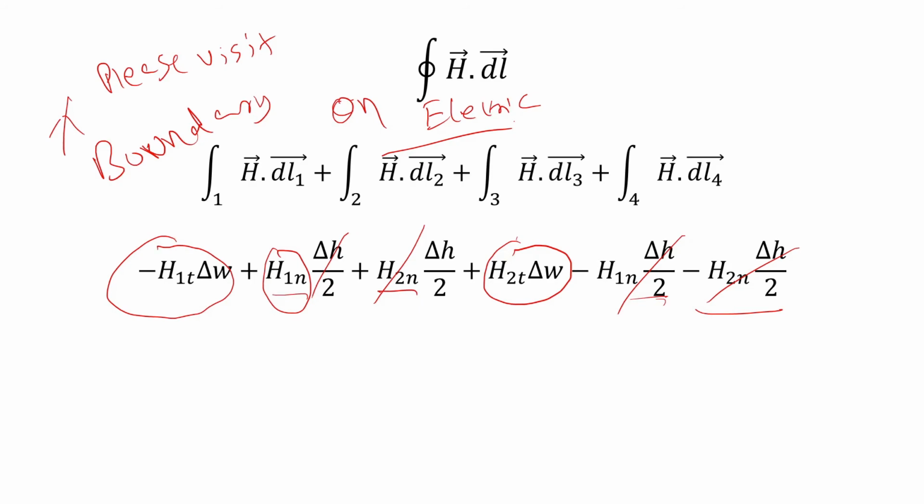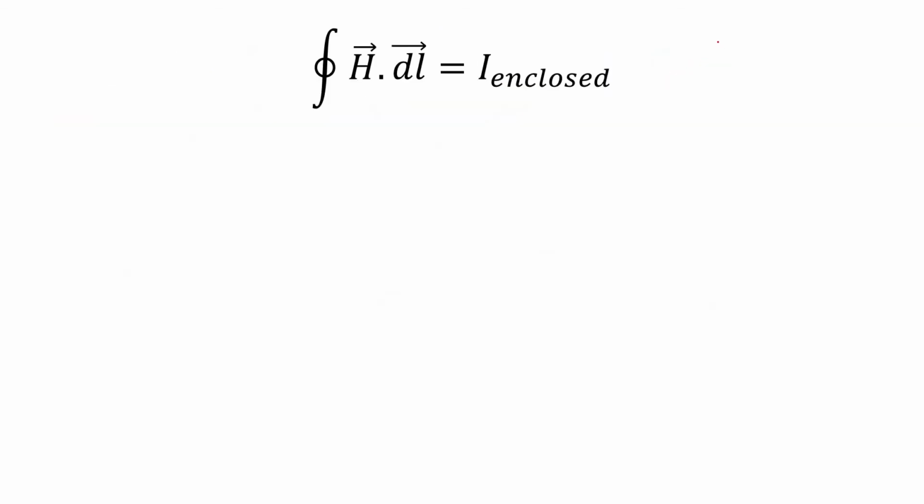So the final expression would be H2t times delta W minus H1t times delta W. That is the left hand side of Ampere's circuital law. The right hand side says that this is equal to the current enclosed by the closed path, which is the linear current density times delta W, because we are discussing the interface.